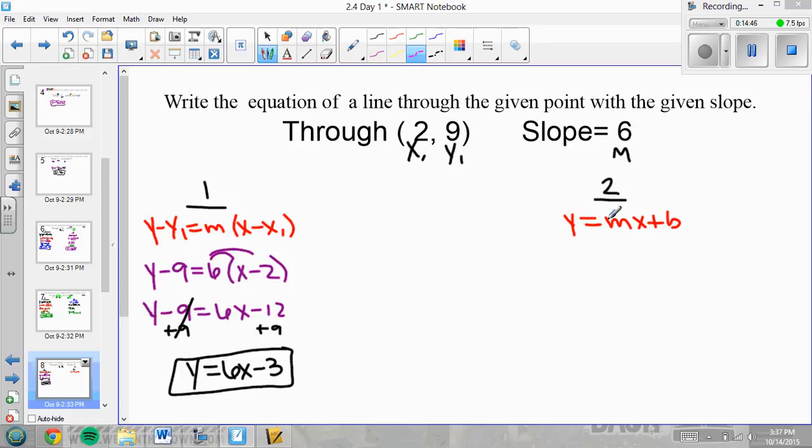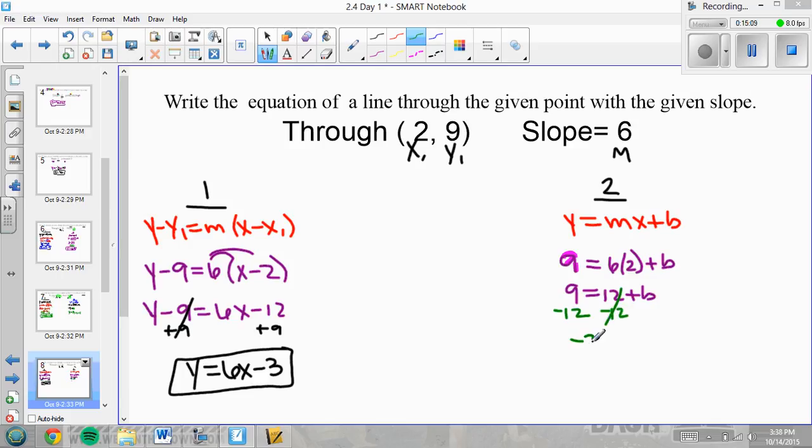Okay, if you chose the second way, we know x, y, and m. So 9 equals 6 times 2 plus b. So we know 9 equals 12 plus b. And to get b by itself, we want to subtract 12 from both sides.